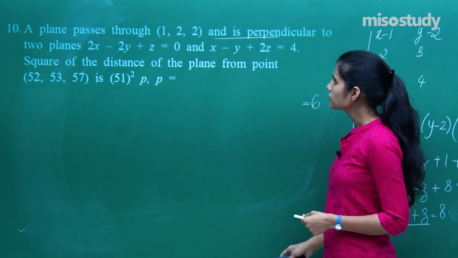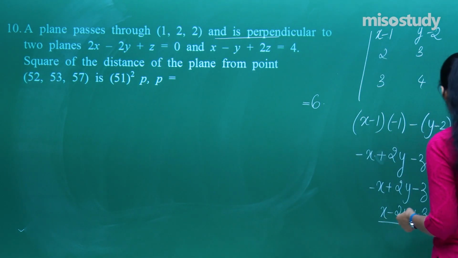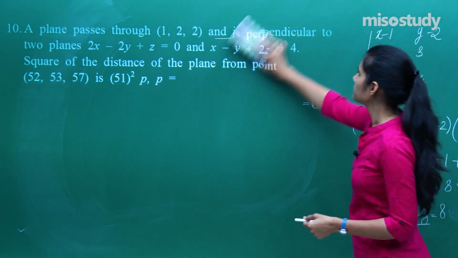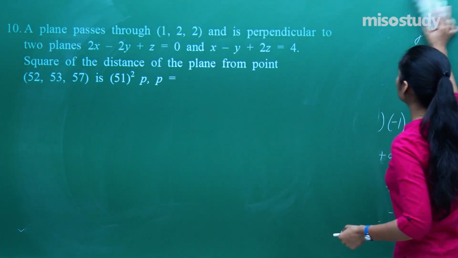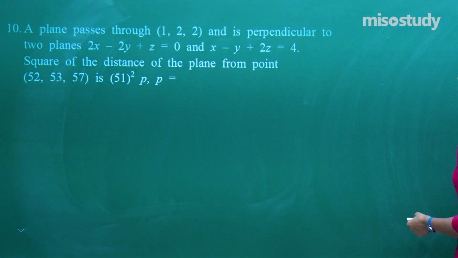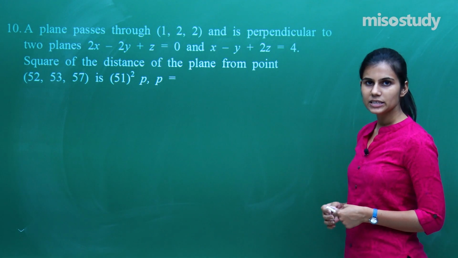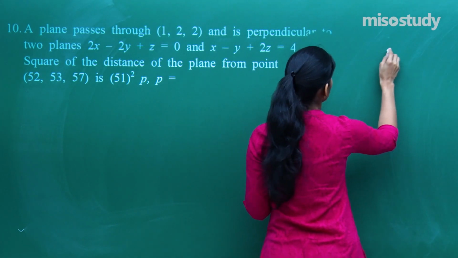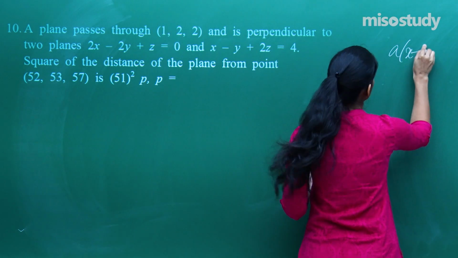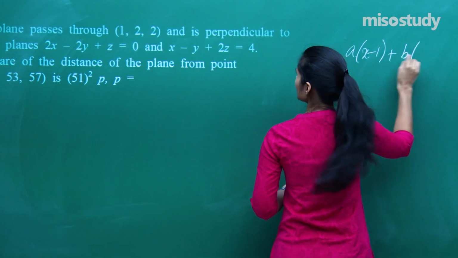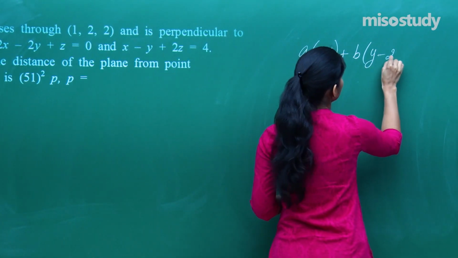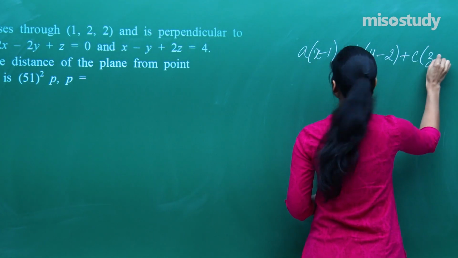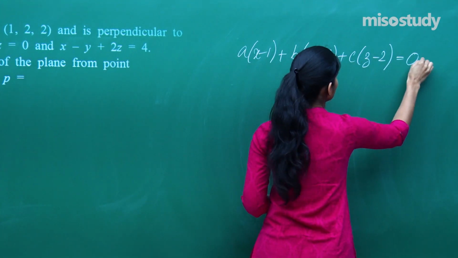Next question we have is what? A plane is passing through this point. Okay, so there is a plane which is passing through (1, 2, 2) and is perpendicular to these two planes. So if the plane is passing through this particular point, the equation of the plane is A(x − 1) + B(y − 2) + C(z − 2) = 0.